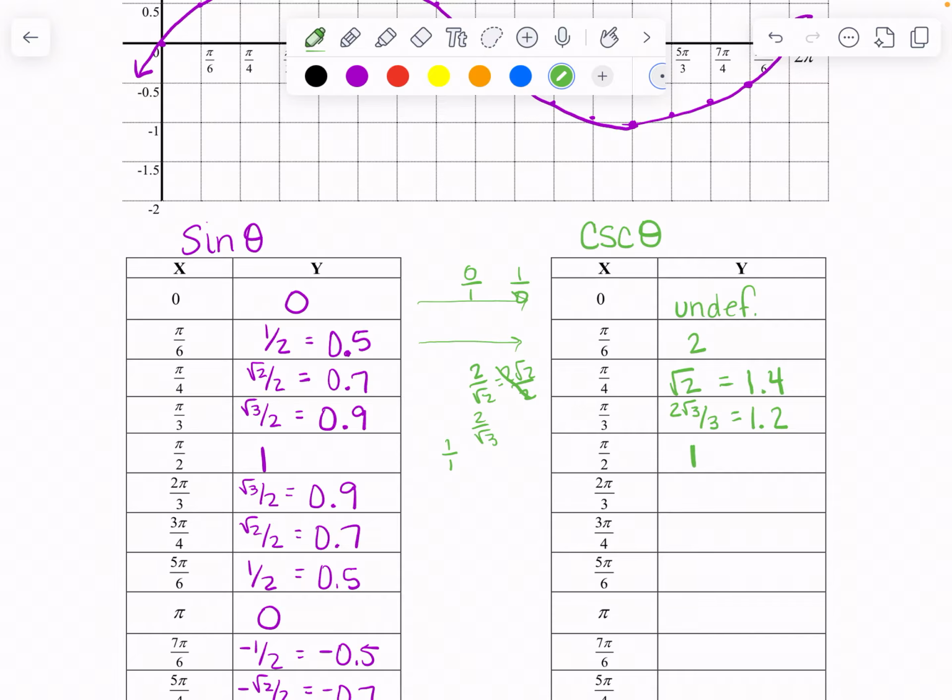And then we're flipping that guy over, so 2 root 3 over 3, you should start to see a pattern. 1.2, root 2, so 1.4, 2, anytime we get 0, reciprocal, undefined.